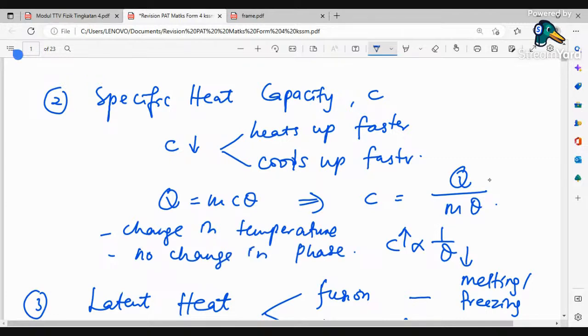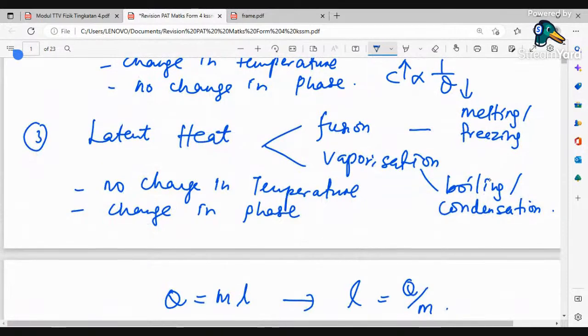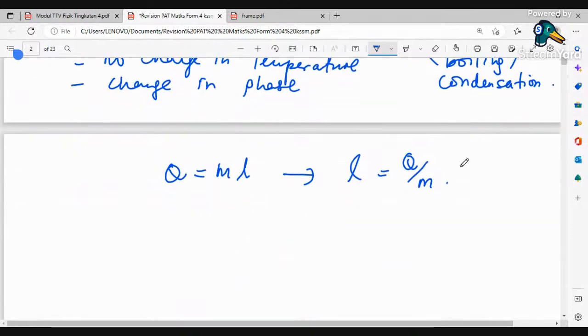Maksudnya keadaan dia tak berubah, physical state tak berubah. Kalau solid, solid, liquid, liquid. Itu specific heat capacity. Hanya temperature je bertambah atau berkurang. Kalau latent heat ini, dia ada change in phase, like solid become liquid, liquid become gas. Temperature constant. Itu beza. Sebab formula tak sama, so you kena pastikan you faham ni.